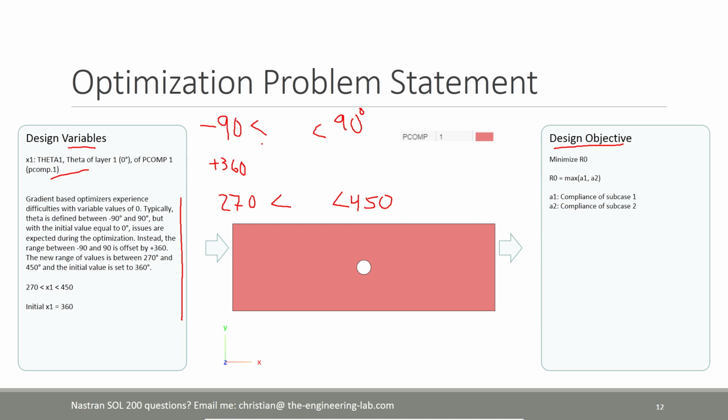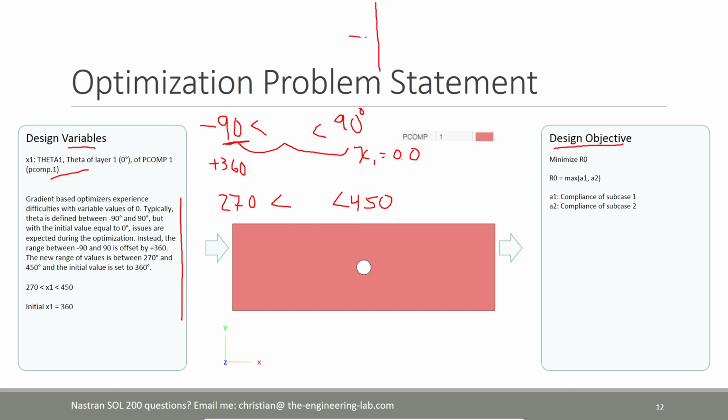This is why. Let's suppose that you start off with negative 90 degrees during the optimization. If during the optimization the variable changes to 0 and tries to change to a positive value, you'll notice that the optimization actually becomes stuck at a value of 0, and that's not good.